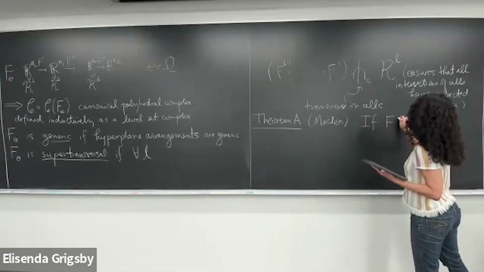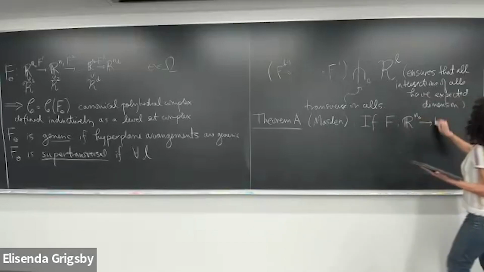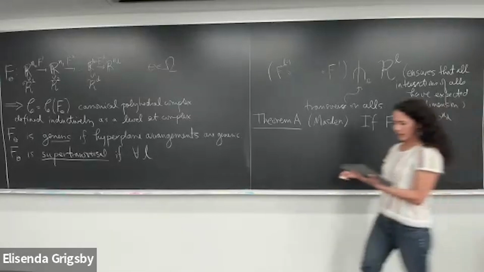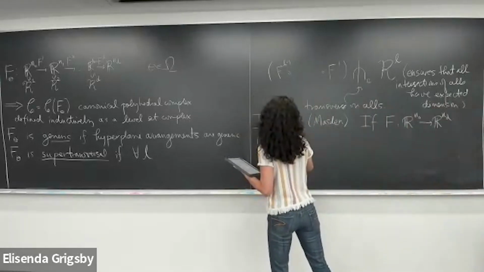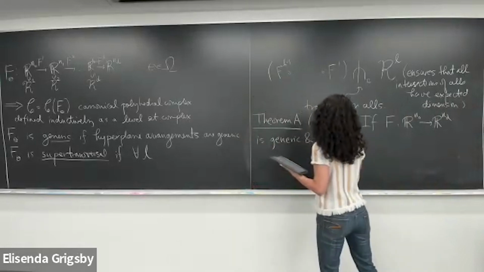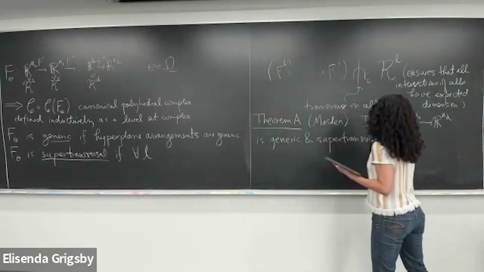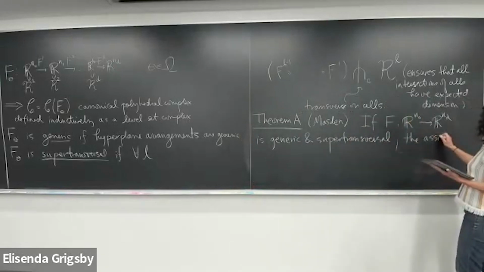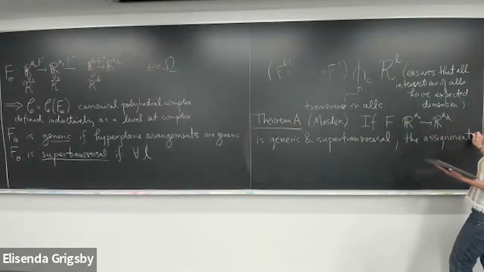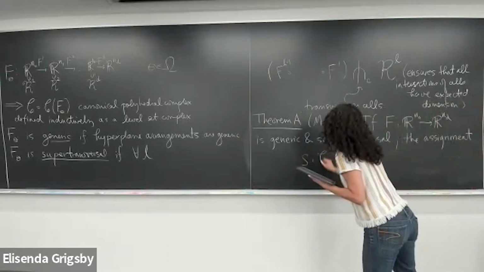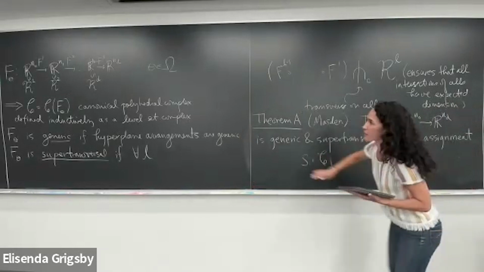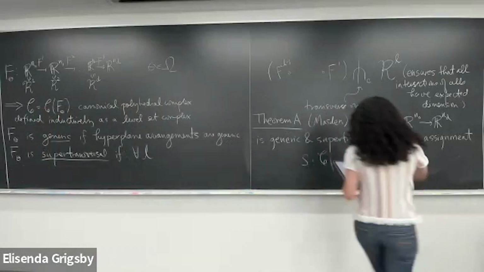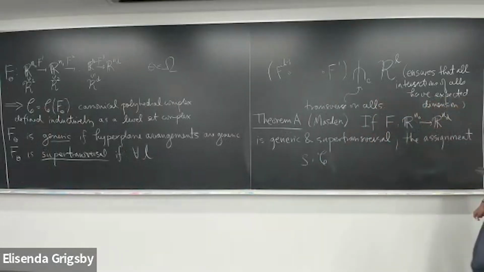If you have one of these ReLU network maps, and it happens to be generic and super transversal, then there is an assignment from this polyhedral complex. Whenever I write the script C, I just mean the canonical polyhedral complex for this particular ReLU network.